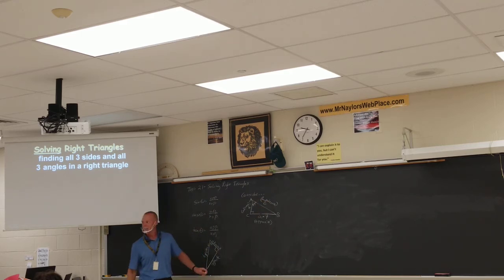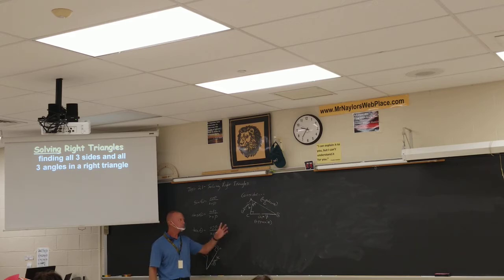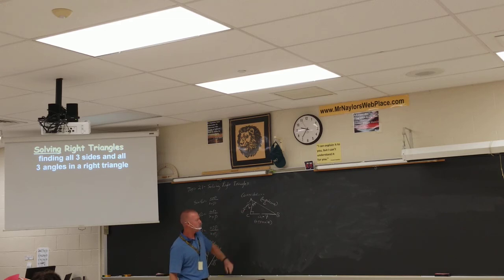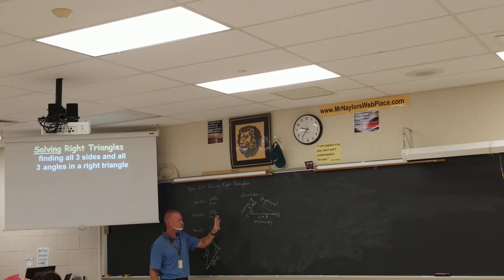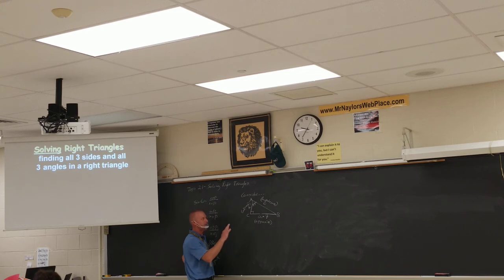Maybe there'll be a time, I don't know if it's today or tomorrow, that you'll feel like you don't need to write those words down. That's fine. I'm not going to force you to do that, but you definitely need to think that. So we have our triangle set up here. Now, the other thing that's kind of weird is that you have a couple of things you need to find, and sometimes that throws kids off. Side b, you need to find.